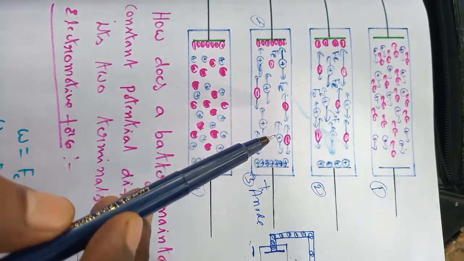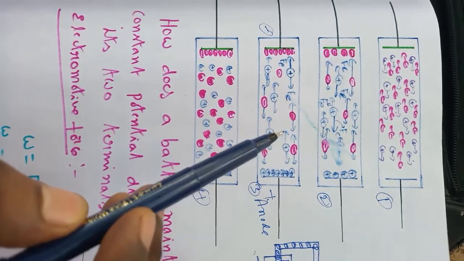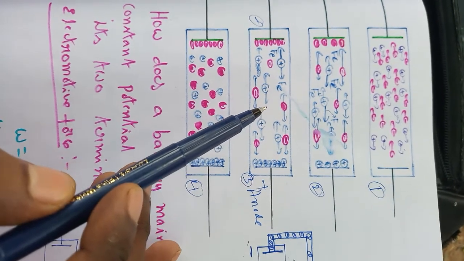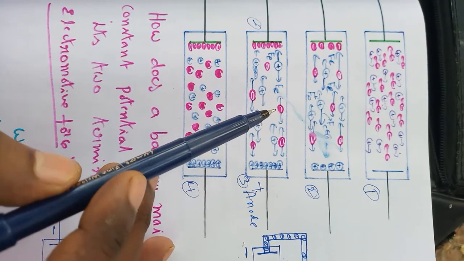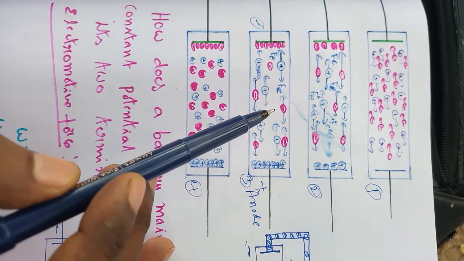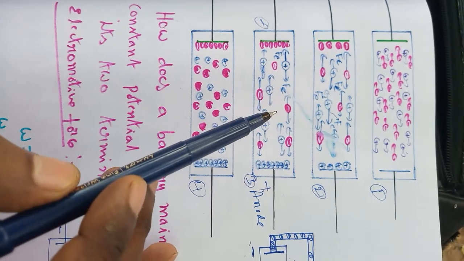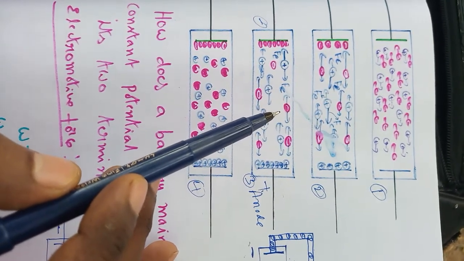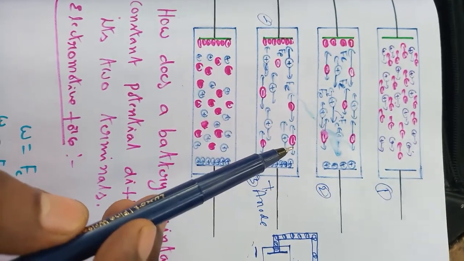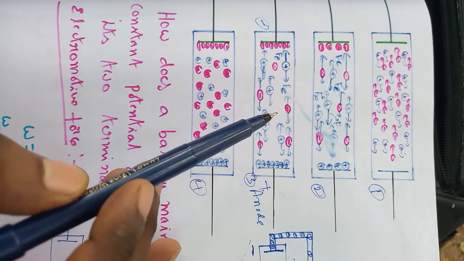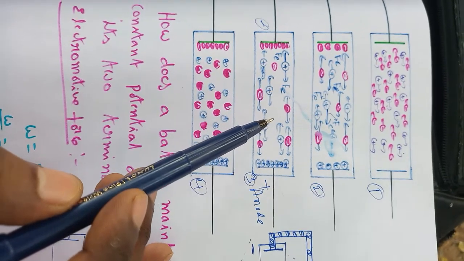When we buy a new battery, we can find this type of condition: the forces acting on ions are equal in magnitude and opposite in direction, so no ion accumulates on any plate.